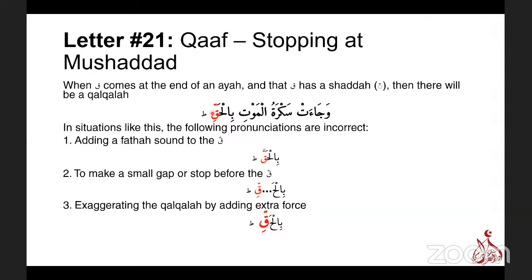So all of a sudden there's force being given on the qaf. This happens not only on the qaf, it happens with dals and other letters too. It should just be normal. Bil haqq. You're just letting your tongue go, nothing else. No force required. And those are some common errors that may happen in situations like this.